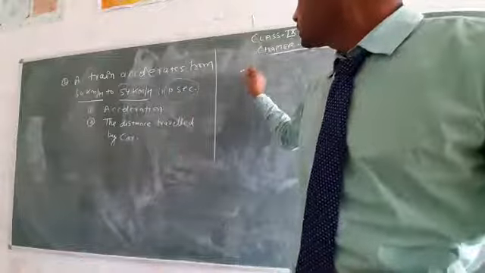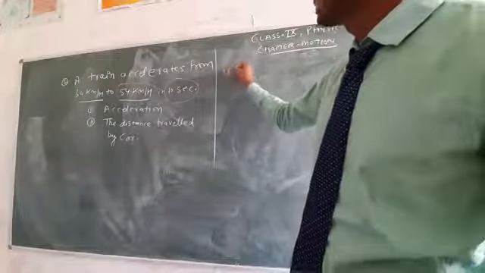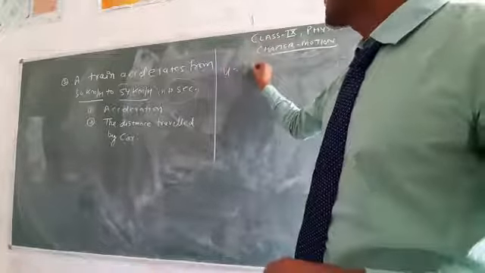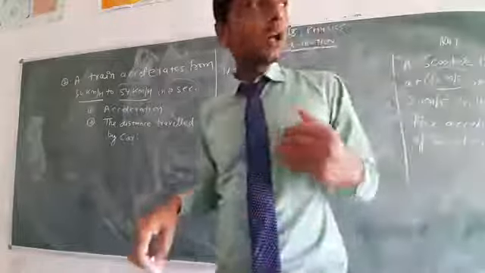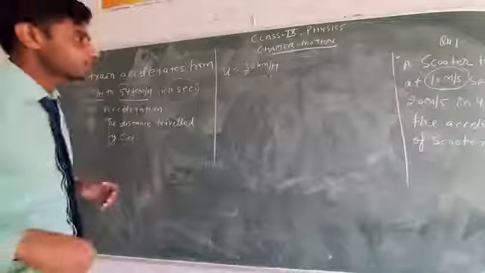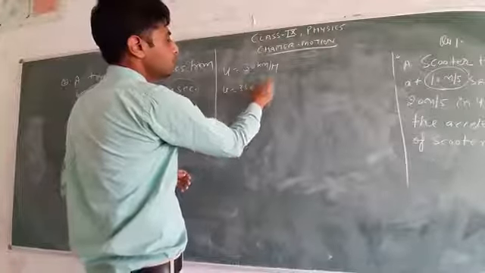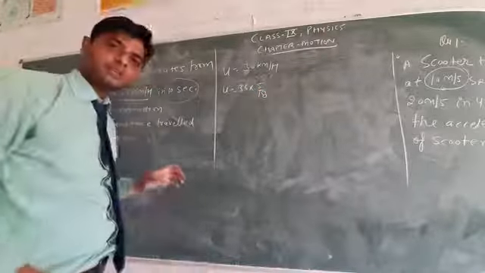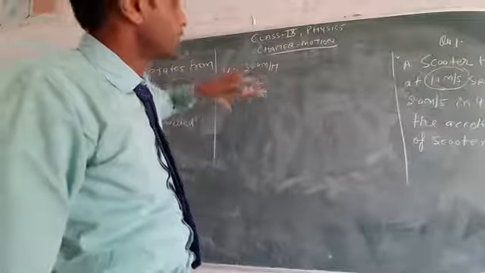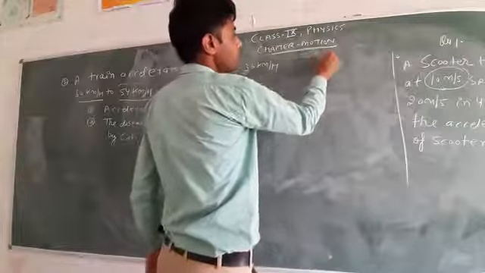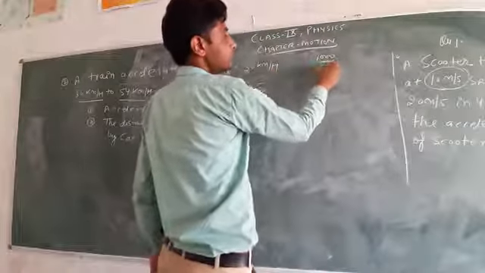So as you can see, your initial value u is 36 kilometer per hour. So to convert kilometer per hour into meter per second, you have to multiply by 5 upon 18. I have already discussed why you multiply by 5 upon 18, because when you convert kilometer into meter it is 1000, and when you convert hour into second it is 60 into 60.